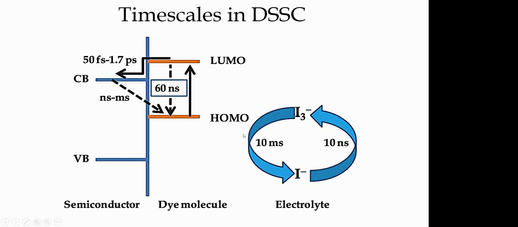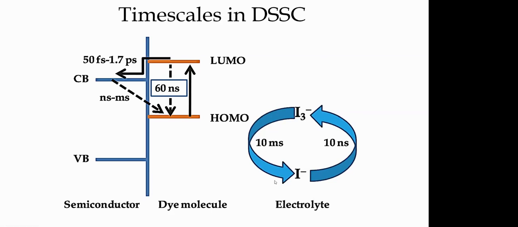Whereas dye regeneration, this process again goes from the counter electrode, it is in nanoseconds, whereas in this case, I3 minus to 3I minus takes a long time, like milliseconds. And in this process, it will regenerate the dye molecule as well. So the overall process from electron generation to recombination and regeneration of the electrolyte molecule is of the order of milliseconds.